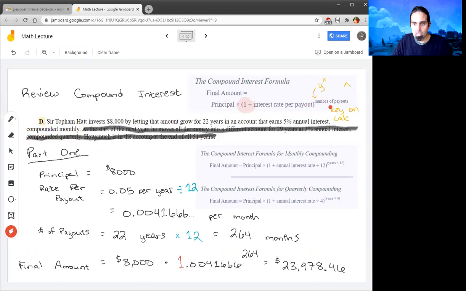And then how many payouts were there? Every year there's 12 payouts, so we're multiplying and get this amount. If you like that general formula, great. But there was also this monthly formula that just put into it the divide by 12 and the times 12, so that you didn't have to get your brain organized this way. It was right in the formula. So either way works. Okay, now let's do part 2.